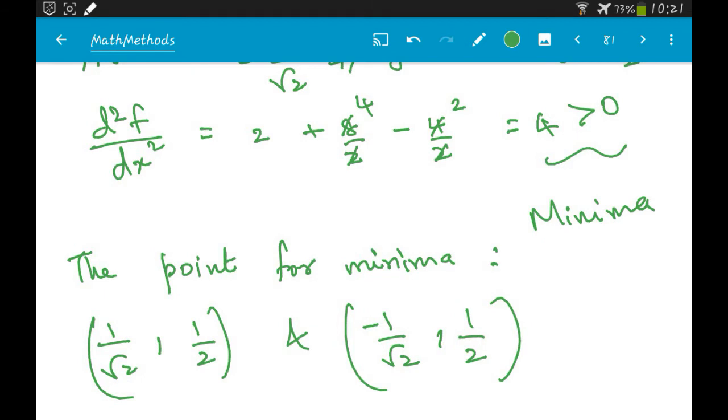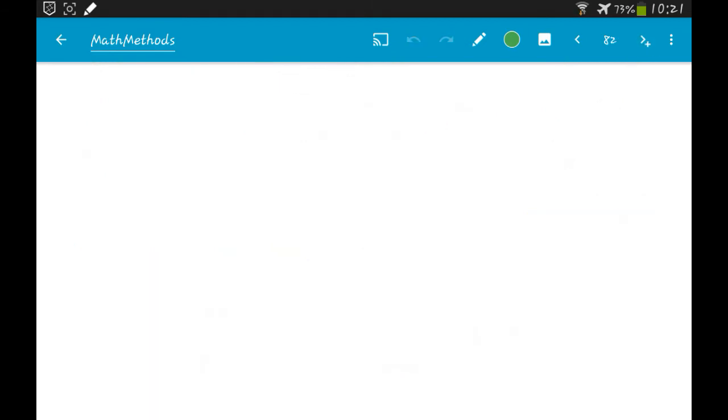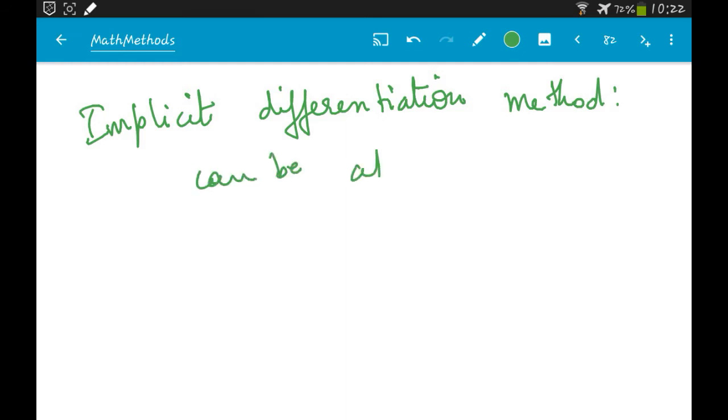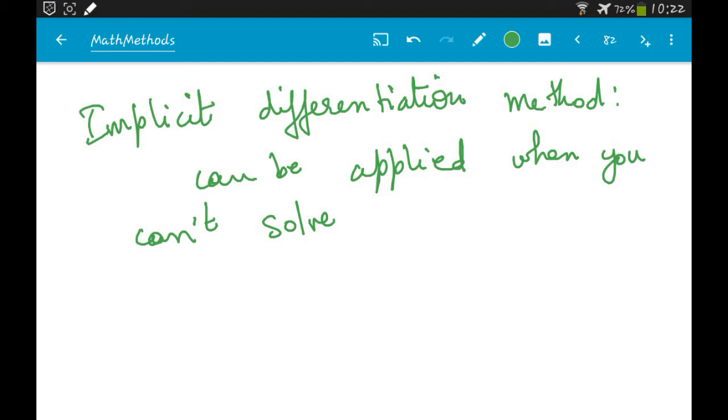So when will this method be applied? The implicit differentiation method can be applied when you can't solve for y in terms of x.